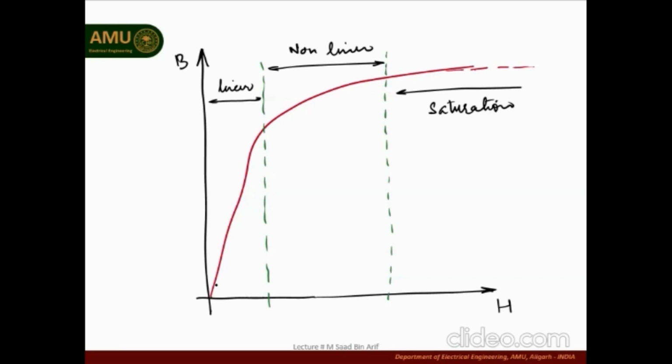Now you can see that in the linear region, a small change in H will result in a large change in B. It means as we increase the input current in the linear region, magnetic flux density will increase rapidly.